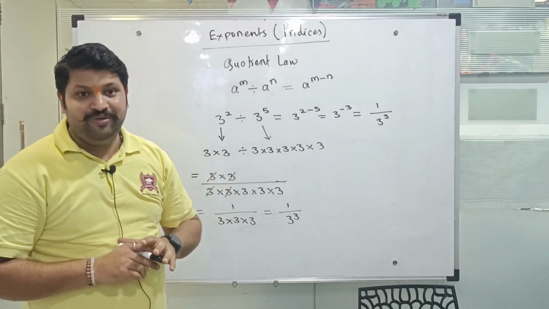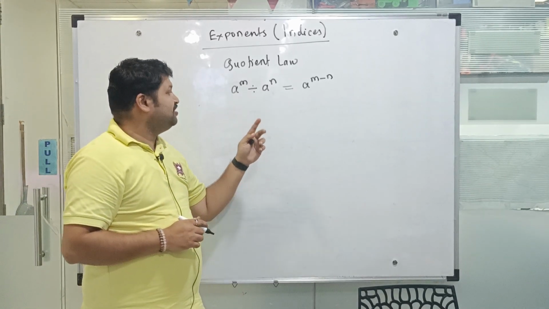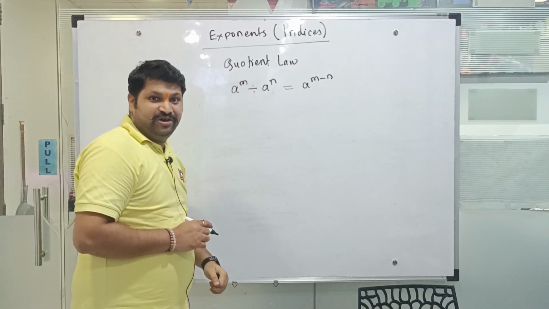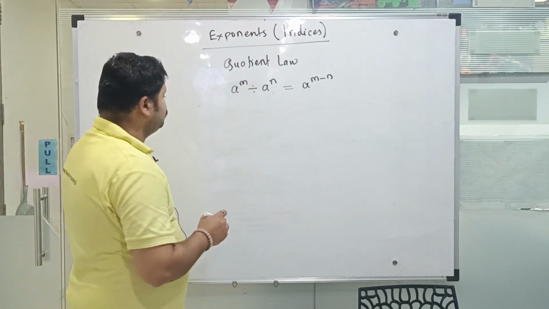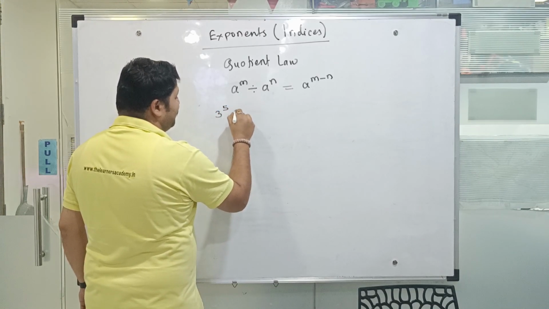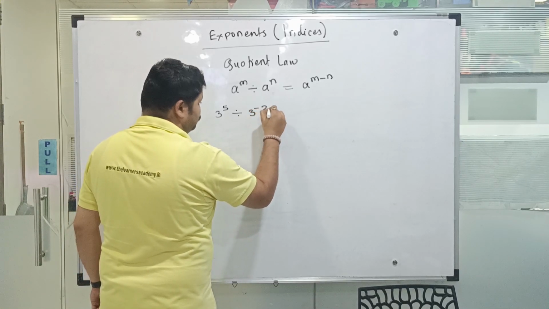So we first will consider when n is negative and then we'll consider when m is negative. What would happen when we do the division? Now let us consider an example where m is a positive integer and n is a negative integer, and we'll see what happens. So if I have say 3 to the power of 5 divided by 3 to the power of minus 2.